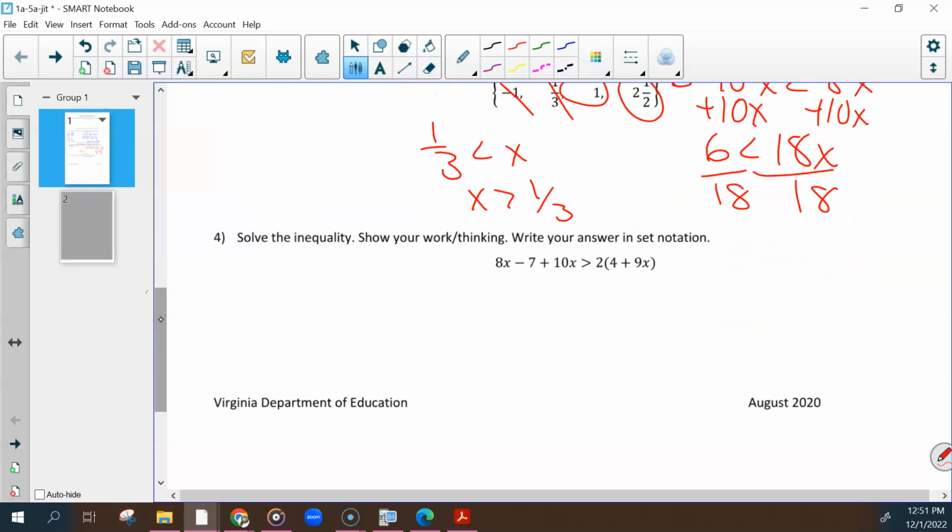Right. And then number 4, as you were solving it, you may have seen something that was similar to a no solution, but that's not what we're going to call it here. So solve it like normal. So we can combine our like terms and distribute. Get all the variables on one side, constants on the other.